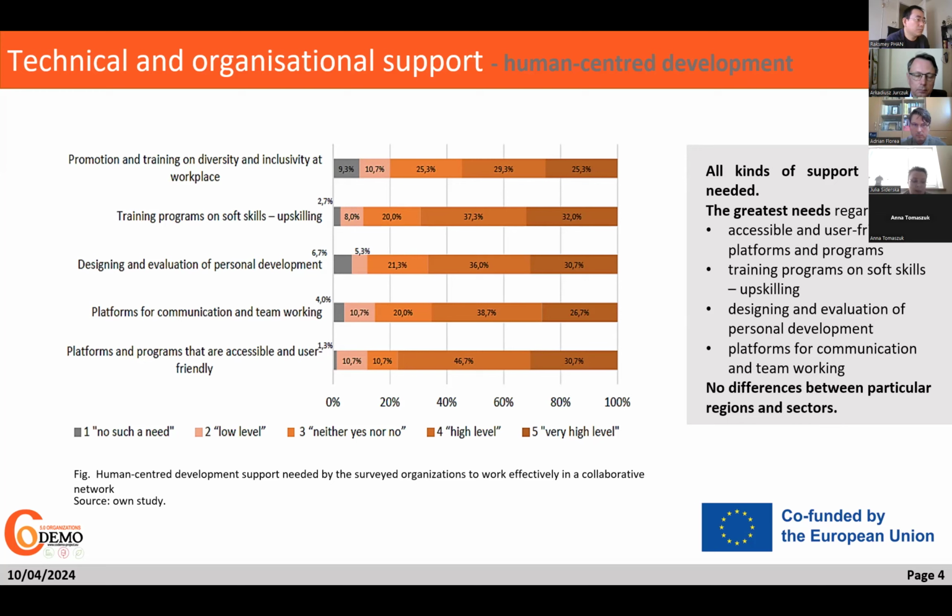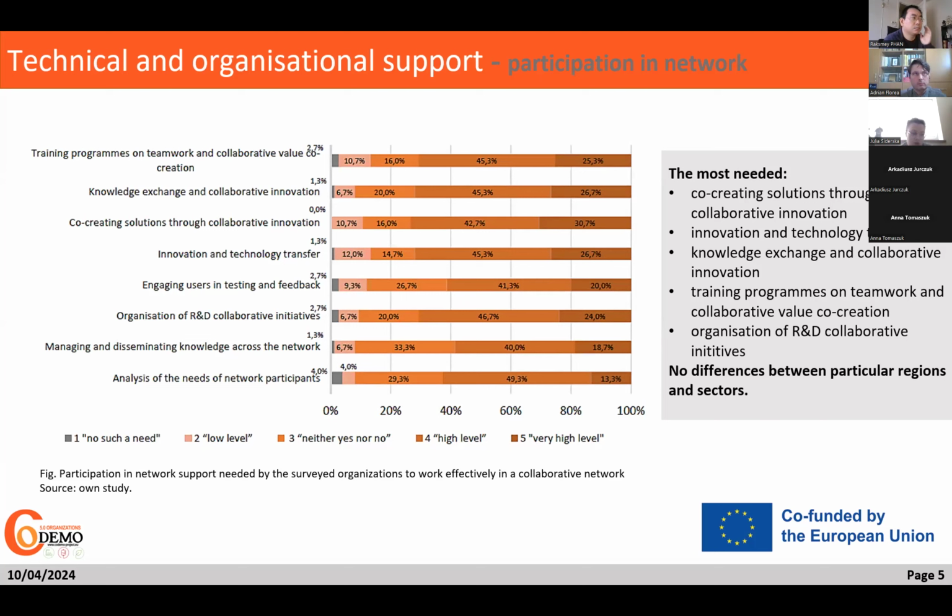Over 70% of those surveyed find the following types of it as the most needed, at a high or very high level: co-creating solutions through collaborative innovation, innovation and technology transfer, knowledge exchange and collaboration innovation, training programs on teamwork and collaborative value creation, organization of R&D collaborative initiatives. No relevant differences between particular regions and sectors were identified.